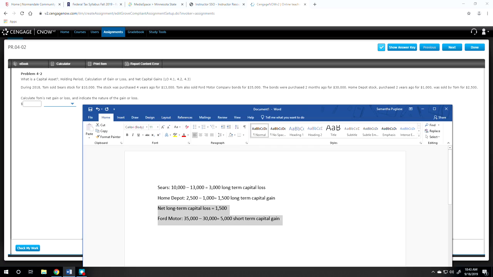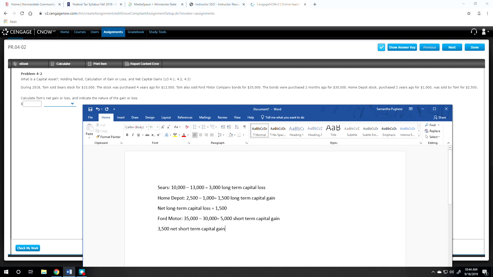And if we have a $5,000 gain and a $1,500 loss, that's going to give us a $3,500 net short-term capital gain. So I just took the difference, 5,000 minus 1,500 gives me 3,500. And it's a net short-term capital gain because that was the bigger number.